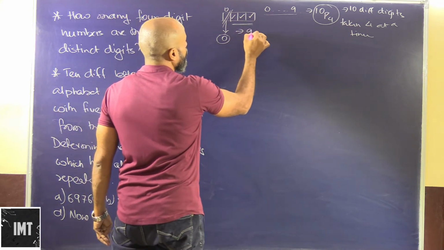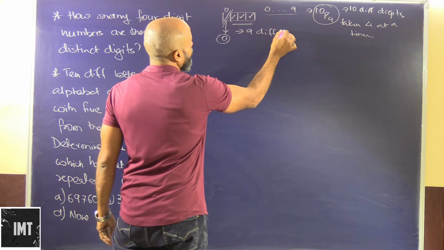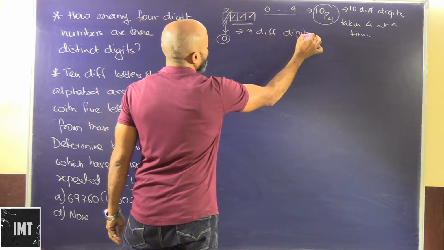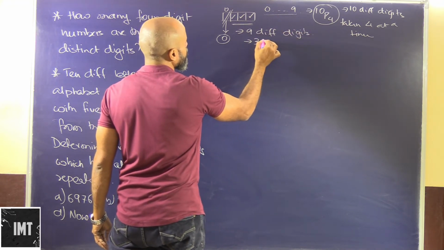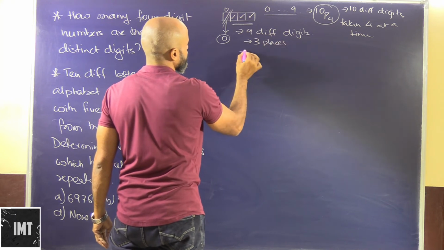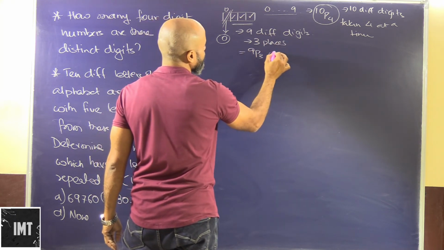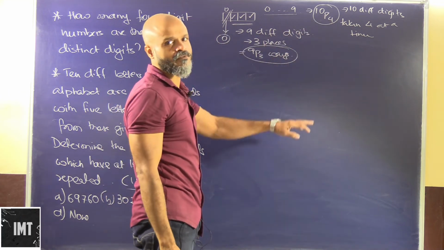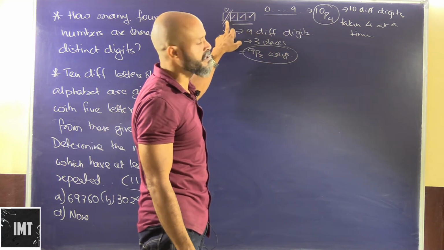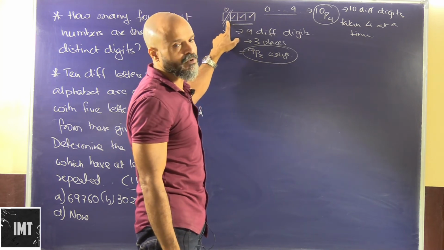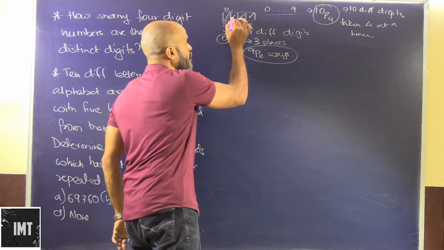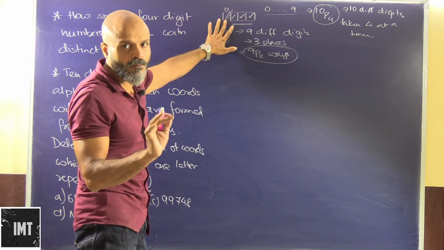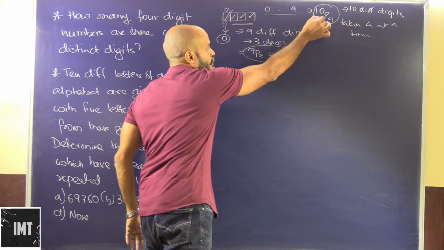Now we will have 9 different digits to be arranged in 3 places. So that can be done in 9P3 ways. This is with only 0 here, so we cannot form a number. This has to be excluded.